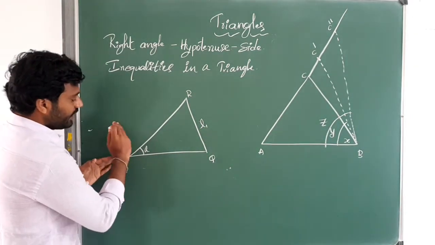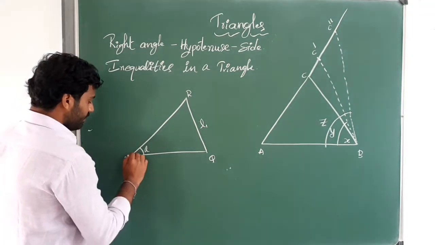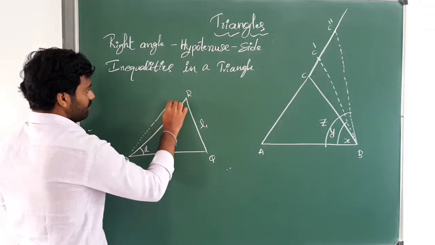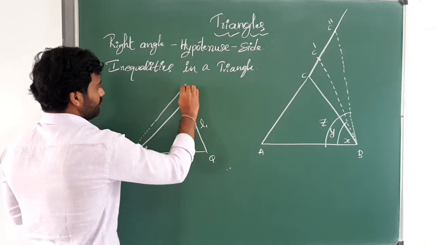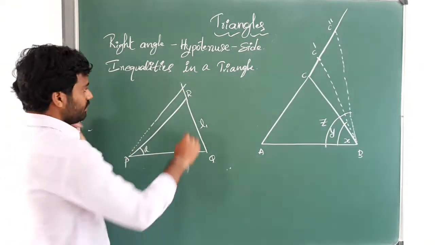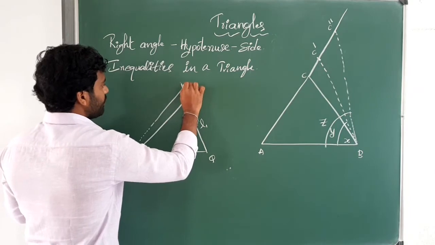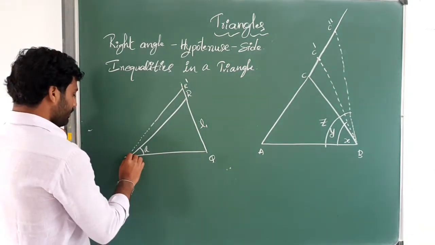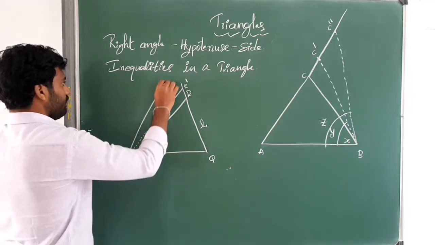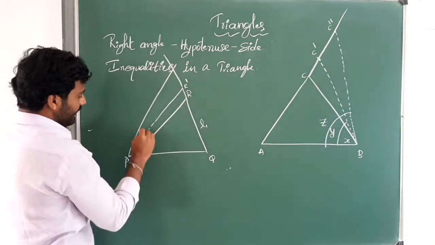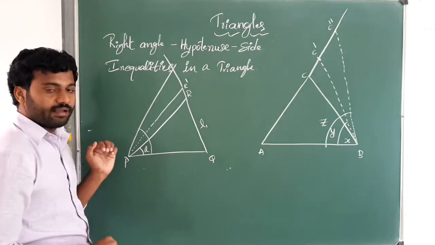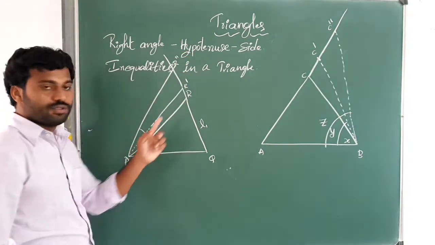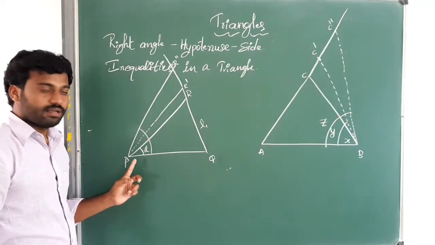Suppose we increase the angle, what will happen? This point we take as R dash. Again, you increase the angle. Automatically, the length also increases. Clear or not?